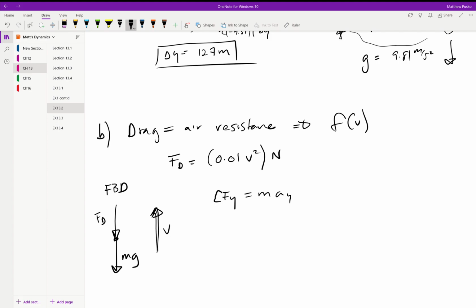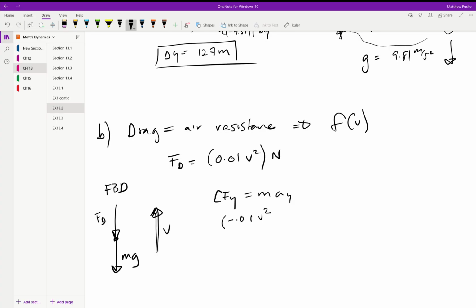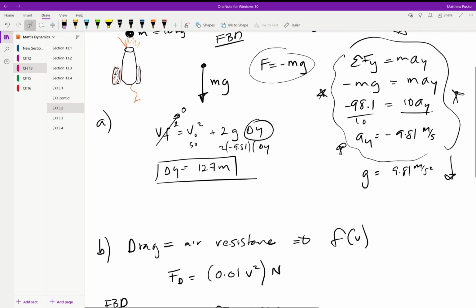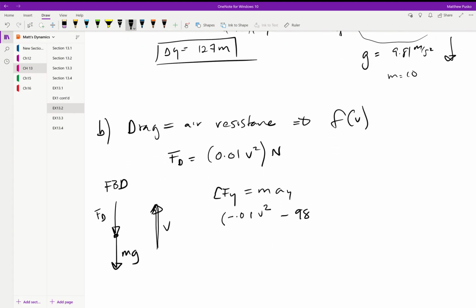I get a negative 0.01 v squared for the drag going down, minus mass times gravity. We found that if gravity is 9.81 and the mass is 10, we get a 98.1 pointed down. And that's all equal to the mass, which is 10, times the acceleration in the y direction.